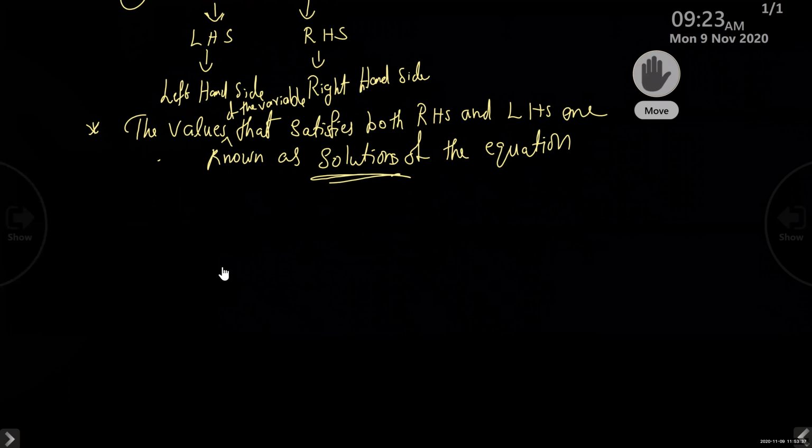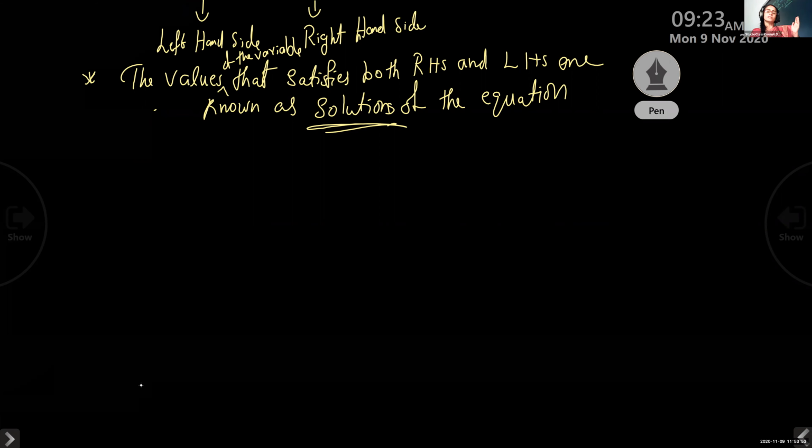Now listen to the board. Next heading, in this whole chapter, we are going to study how we can find the solution of linear equation in one variable, and its application problems also. So only one topic is there. The topic is finding solution of linear equation in one variable.